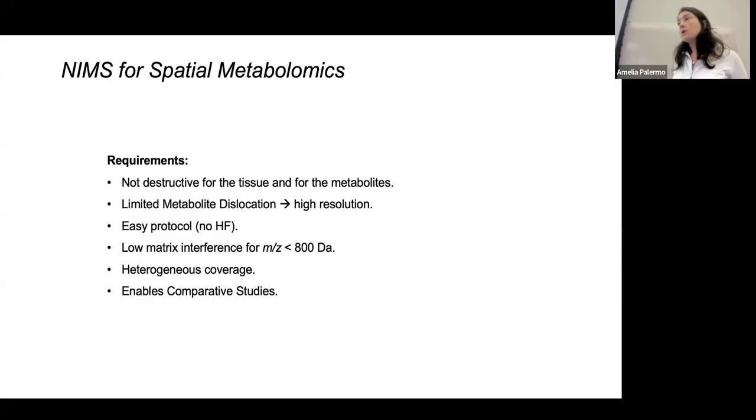Because we want high resolution, we also wanted something that would not perturb that localization over space. An easy protocol to synthesize this matrix, low matrix interference, and homogeneous coverage, because in this type of study we would not be able to go back and perform multiple measurements, and enable comparative studies.